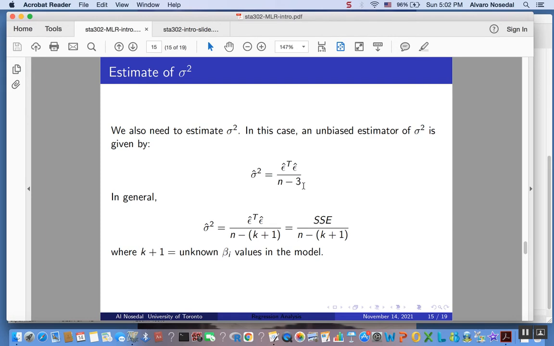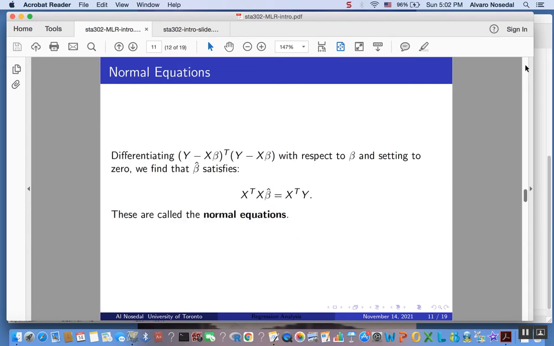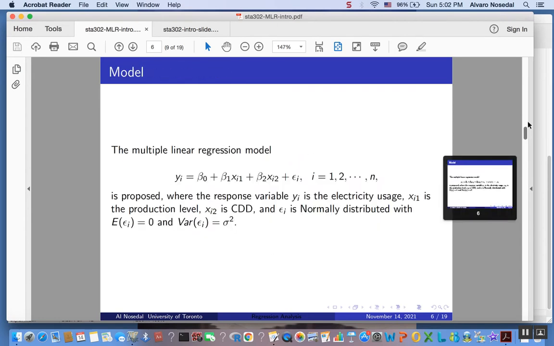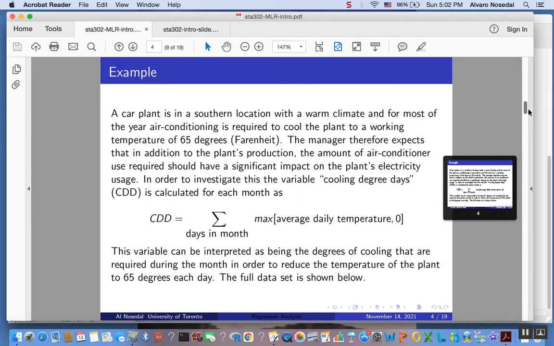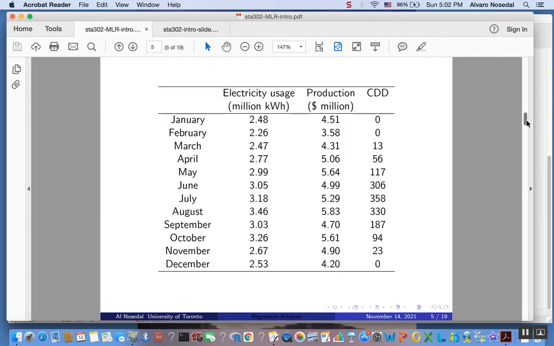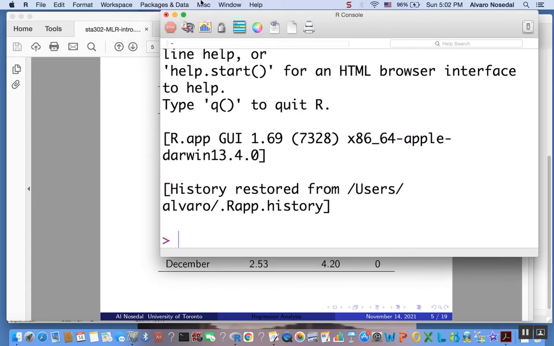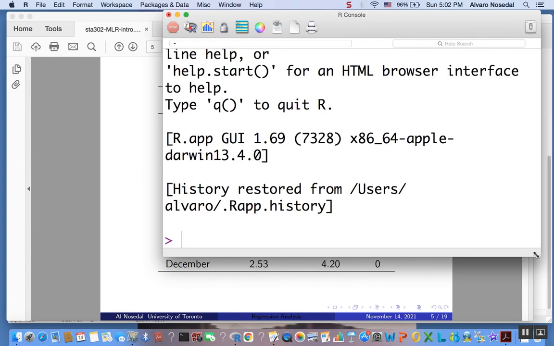So, now, what if we try and do this? See if our matrix expressions, our theoretical expressions work for our example. So let's launch R. First step, as usual, we have to enter the data.